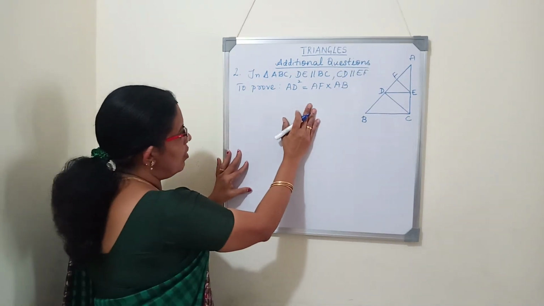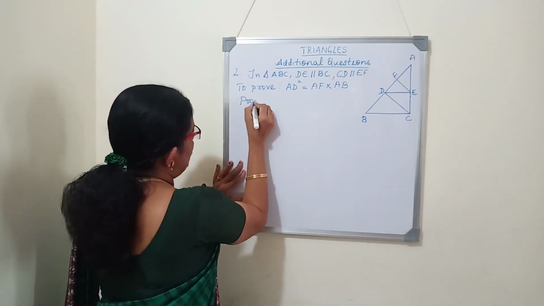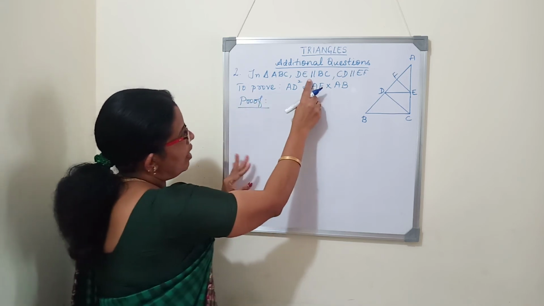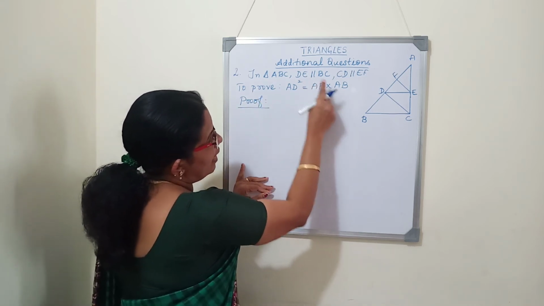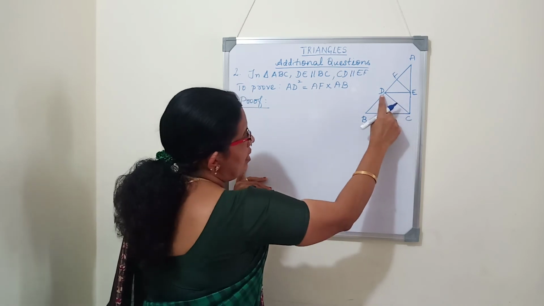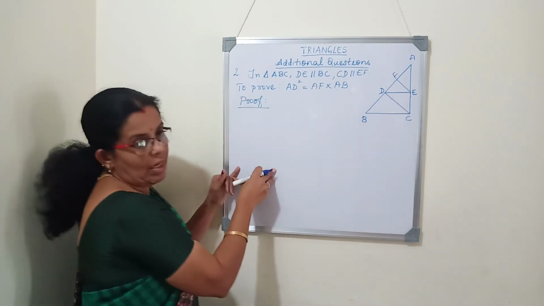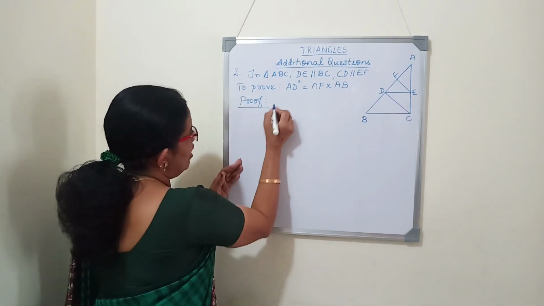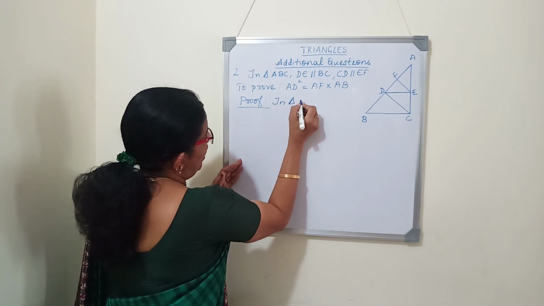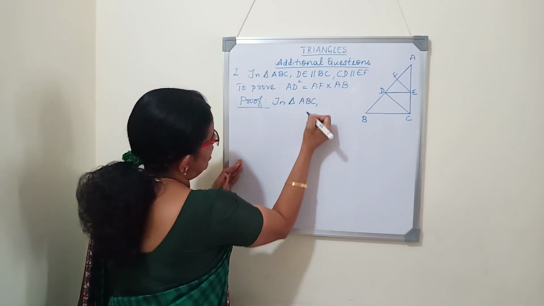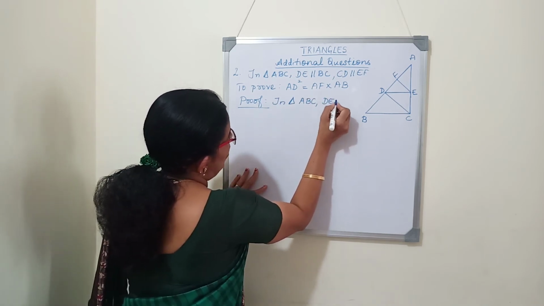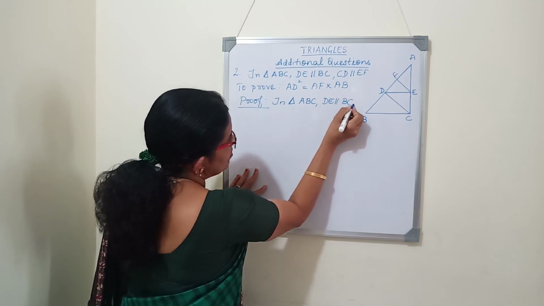So now, first we will consider what is given here. DE is parallel to BC in which triangle? In triangle ABC. So we will write in triangle ABC, DE is parallel to BC.